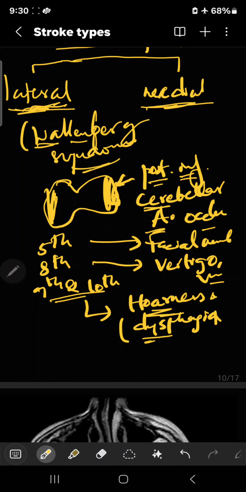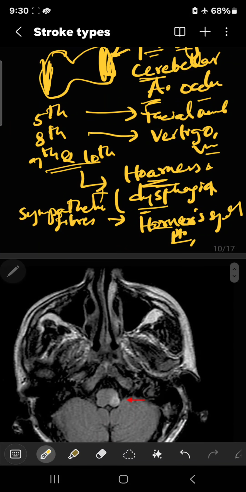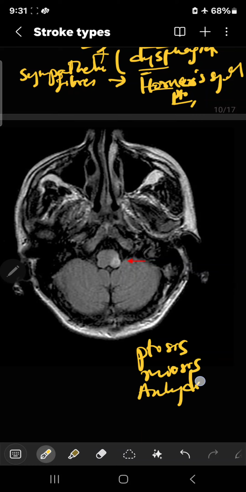And apart from that, the sympathetic fibers will also not work, so the patient will have Horner's syndrome. Horner's syndrome is ptosis, miosis and anhidrosis.